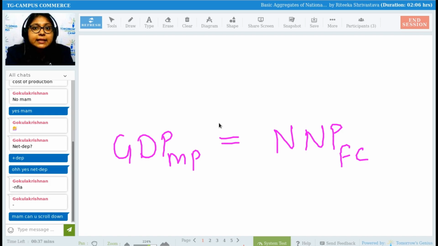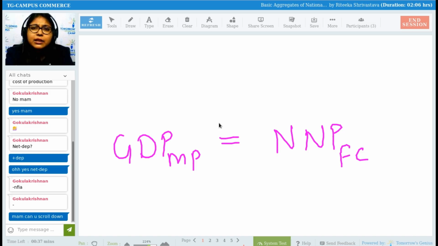Put your logical sense. We know gross is actual value, net is net value, value after deduction. So if I want the value after deduction, then I will have to have minus depreciation. Same way, domestic and national has relation.